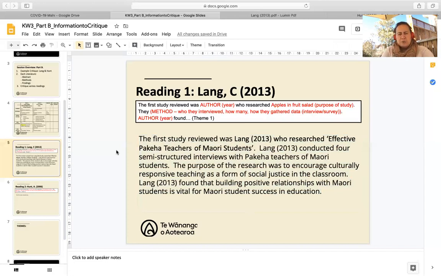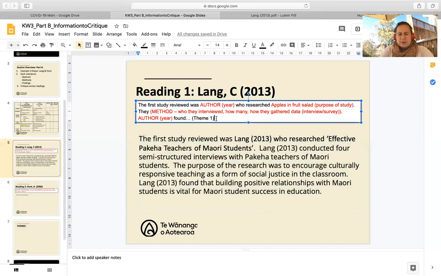It's not the final. I wouldn't expect it to be the final, but as you can see, it's really, again, cut out the fluff. And up here, if we're going theme 1, what we're already starting to say is positive relationships might end up being theme 1. Okay.